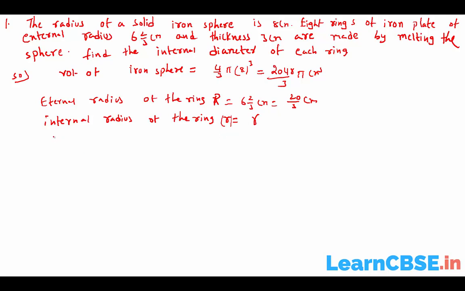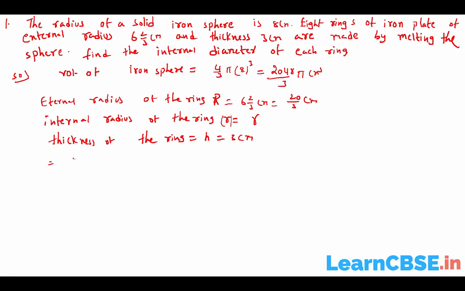Now height or thickness of the ring, that equals H, that equals 3 centimeters. That means the ring is in the form of a cylinder with height 3 centimeters.